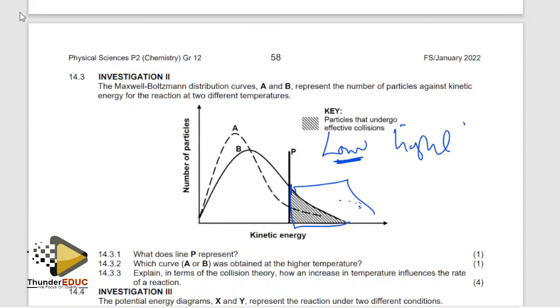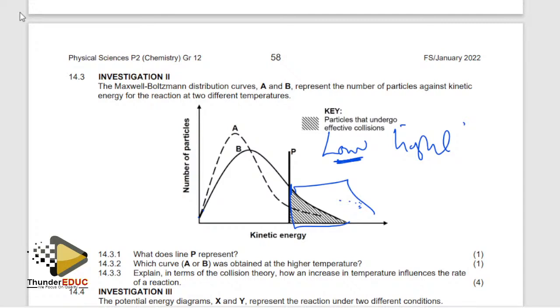So if they have higher kinetic energy, it means that you have more particles with sufficient energy, which will increase the rate of collision per unit time. The words per unit time, we need to see them. And then if the rate of collision is increased, then these collisions must be effective collisions per unit time. And if it is increased, then the rate of reaction is going to increase. Guys, you need to know that.